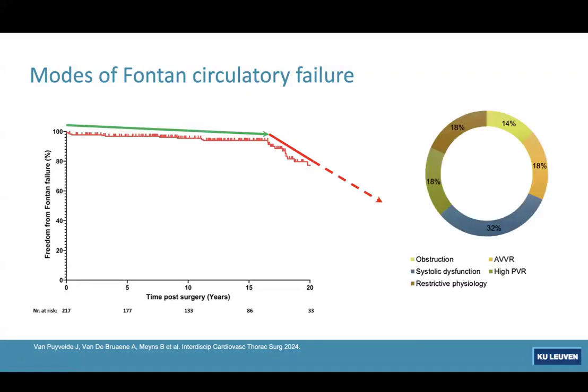So my colleagues from the surgical department did a stepwise approach in determining the mode of failure in those Fontan patients, and they defined obstruction, systolic dysfunction, AV valve regurgitation, high PVR, and then by exclusion also restrictive physiology of the ventricle as potential causes.